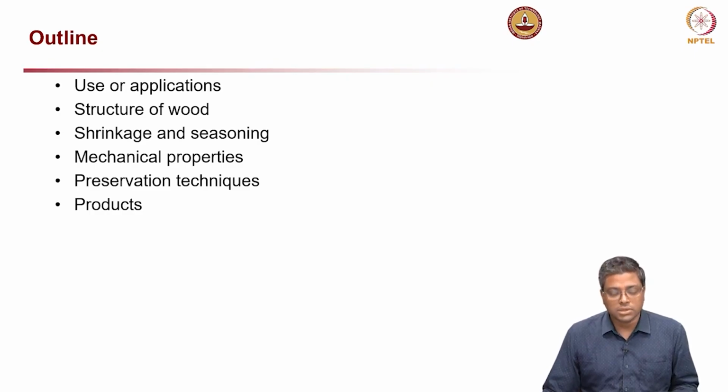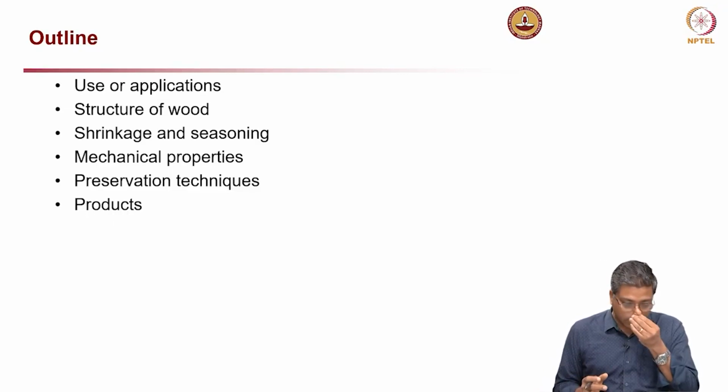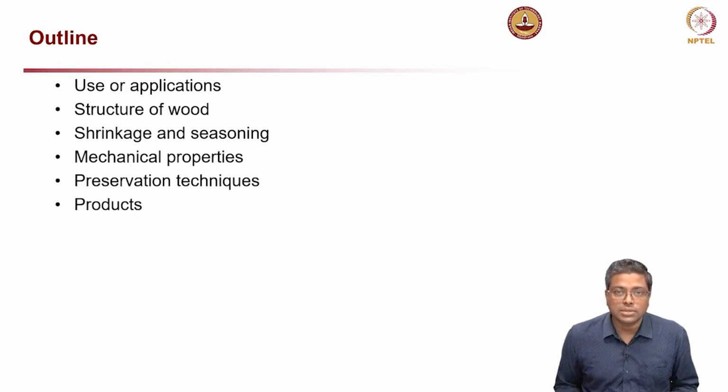One of the methods is seasoning. Then we will look at the mechanical properties of wood, and also very briefly at preservation techniques. A couple of products we will also look at, and even when we talk about those products, the damage mechanisms etc. will also be discussed.